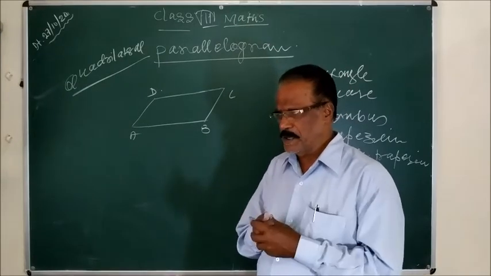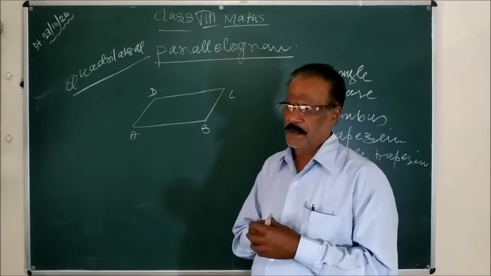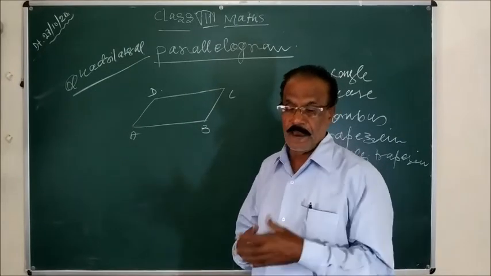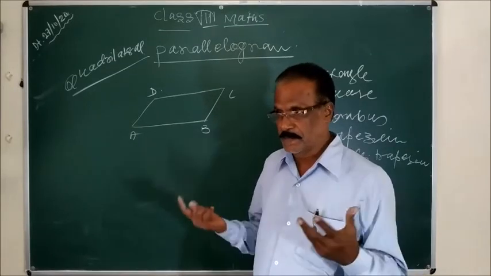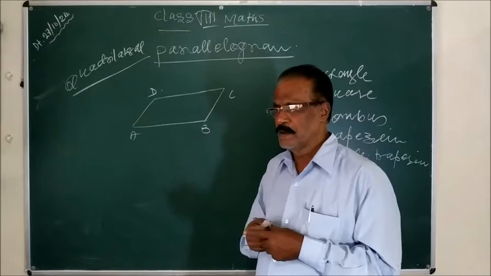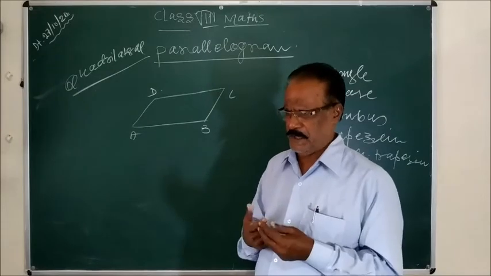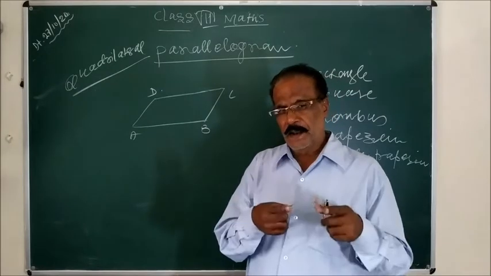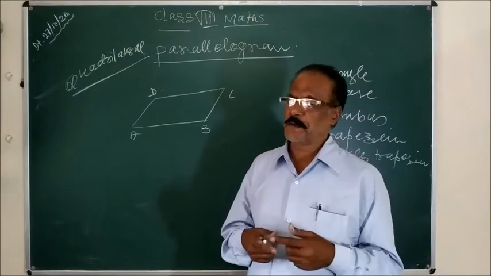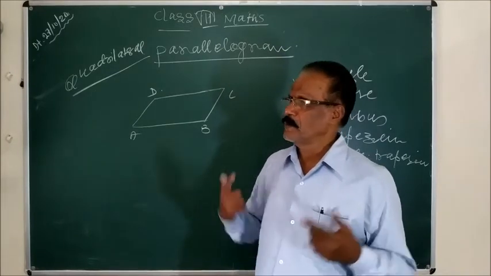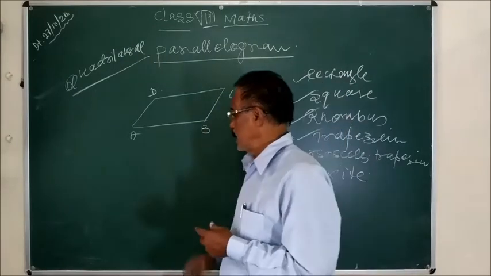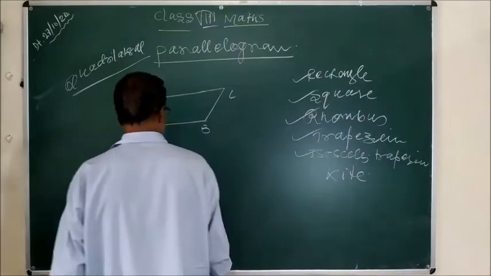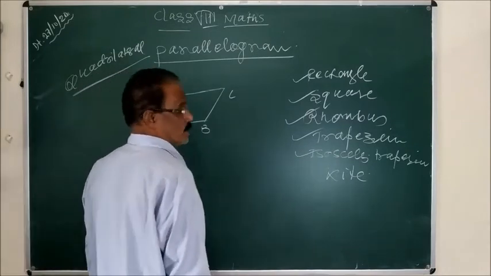So in the definition, you can say a quadrilateral with both pairs of opposite sides parallel is a parallelogram. Or if you say a quadrilateral in which both pairs of opposite sides are equal, that is also called a parallelogram. So this is the definition. These are special kinds of quadrilateral.